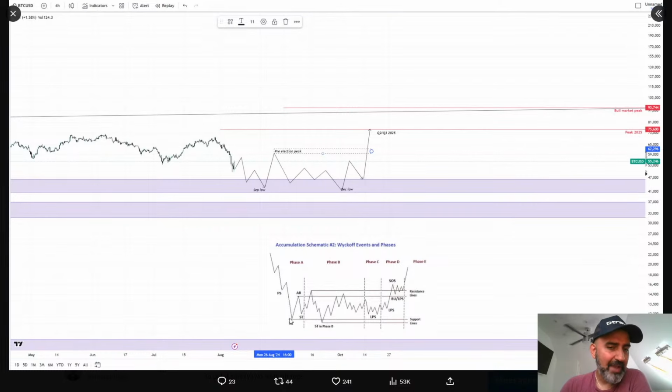Effectively, we haven't done the SC, we're in the PS. We're doing SC, and then we have this kind of pre-election rally, which gives us this AR and this pivot up here. And then you go into some kind of phase B, where the price just consolidates. It's basically range-bound behavior in this whole area.